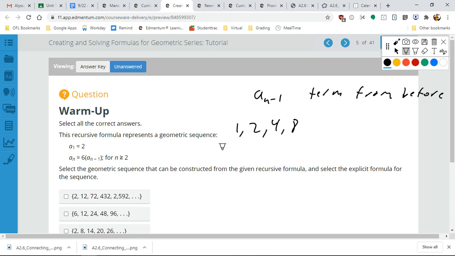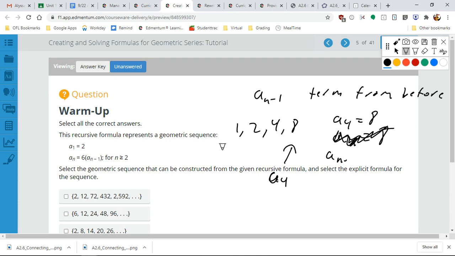I keep doubling, right? So this is going to be called my 1, 2, 3, 4. This is going to be called my A of 4. So my A sub n is going to be 8. My A of 4 is 8.